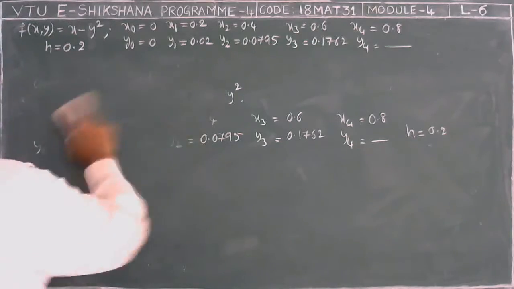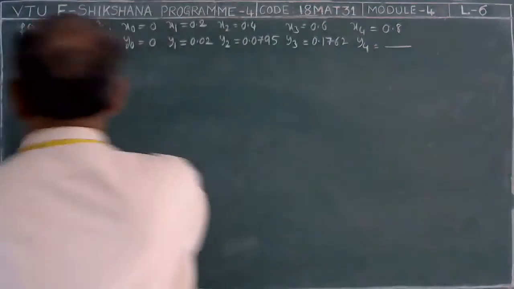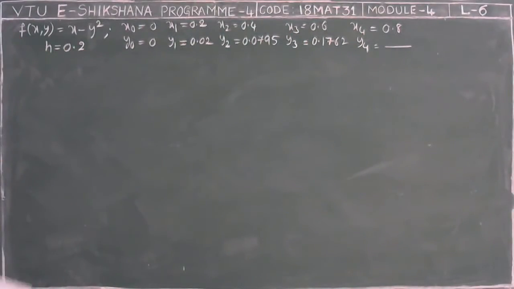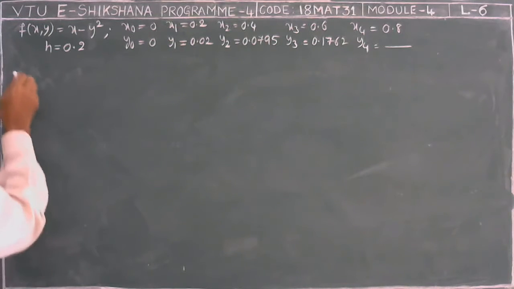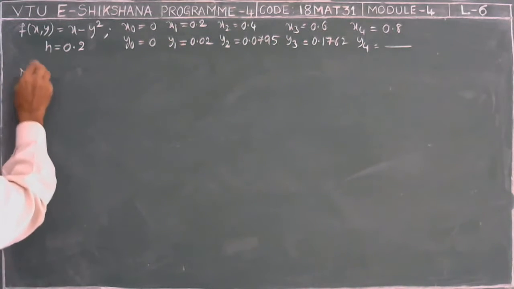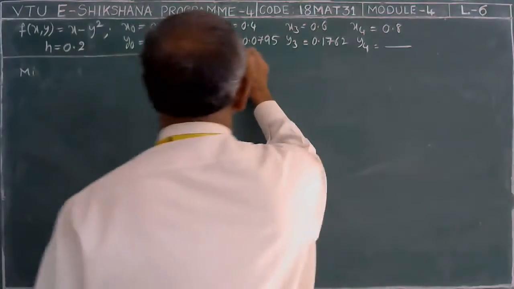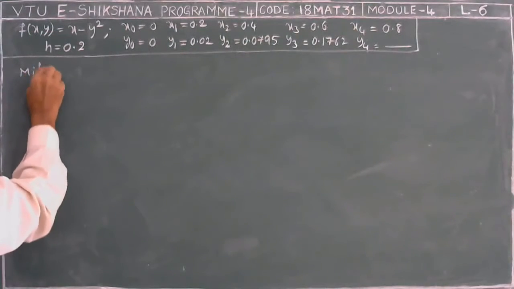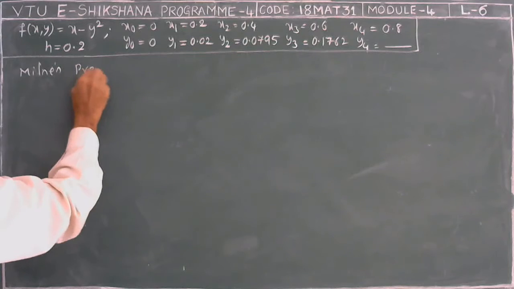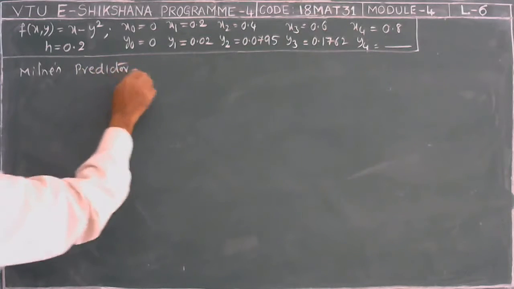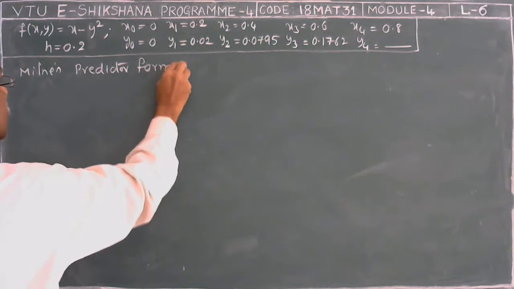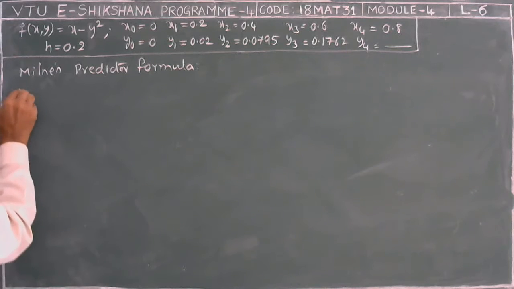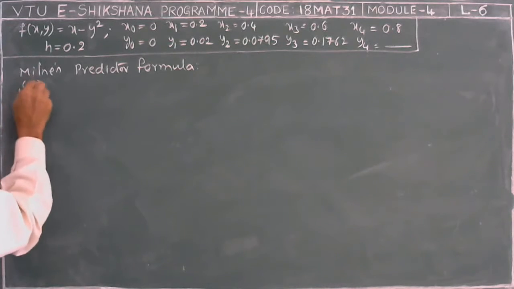Okay, let us apply the predictor corrector formula to compute y4. Milne's predictor formula. It is given by y4p, where p stands for prediction.